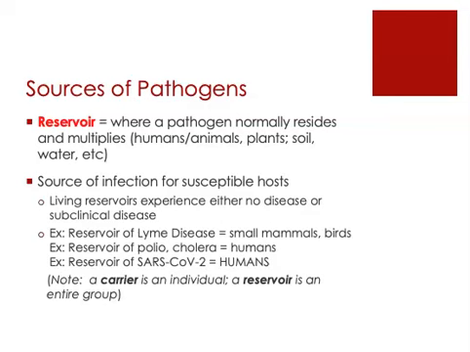Remember, while there are some pathogens that normally live inside humans, for example, and don't cause disease until a certain set of circumstances arises, I'm thinking about opportunistic and accidental pathogens, there are other pathogens that are coming into the human body from somewhere in the environment. We have to understand where the reservoir is, where the sort of storage location is for a pathogen before they come into the human body and cause disease.